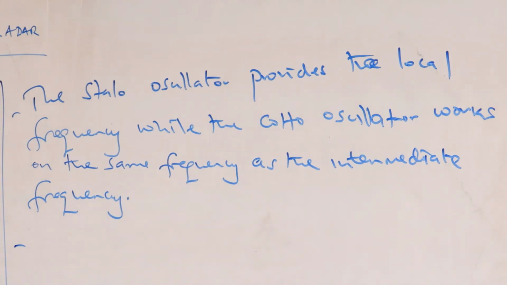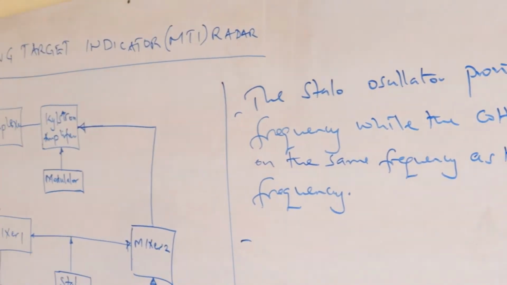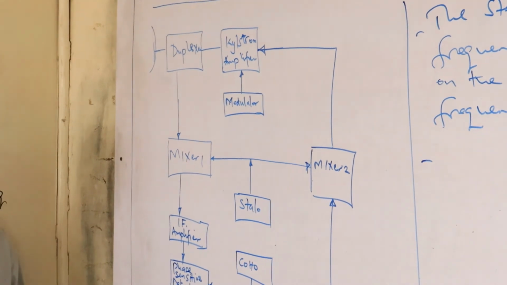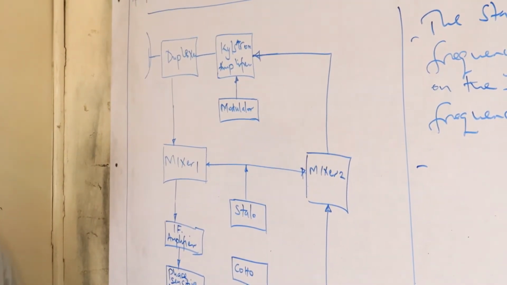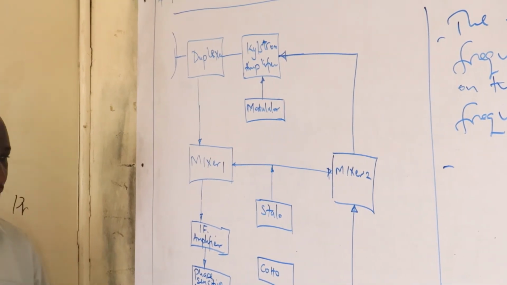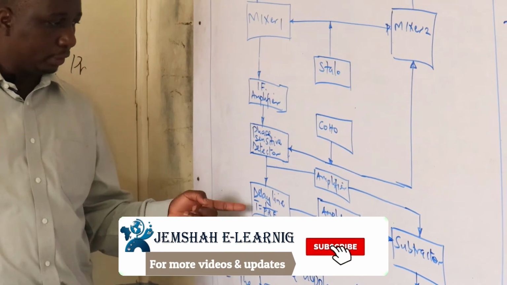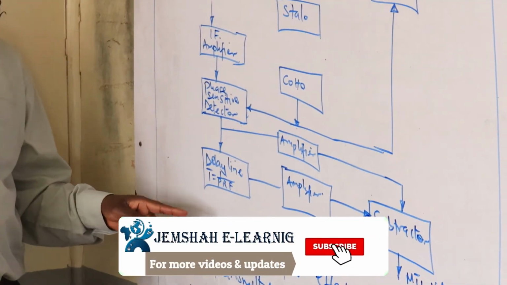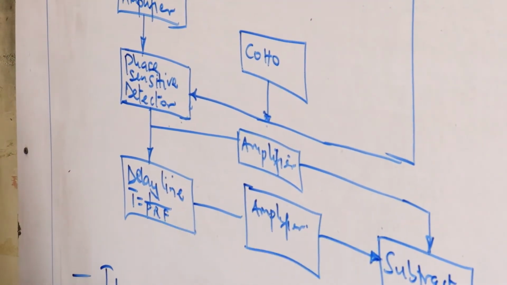You also need to know that we feed a reference signal. The reference signal from the coho oscillator is fed to the phase sensitive detector, so that we are able to compare the actual signal directly with the signal passed through a delay circuit at the subtractor, so we get an actual video in the real time required.